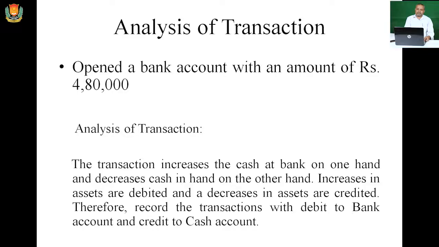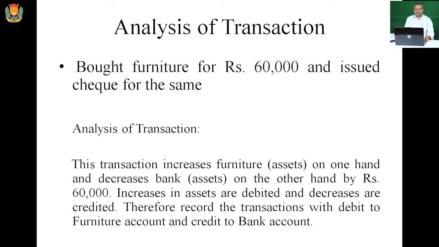The third transaction we have taken for analyzing the transaction is bought furniture for rupees 60,000 and issued check for the same. This transaction increases furniture. Furniture is an asset for the business concern on the one hand and decreases bank. Bank means cash at bank, which is also an asset of the business.